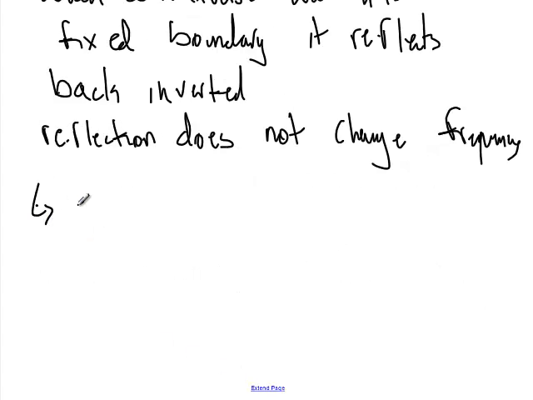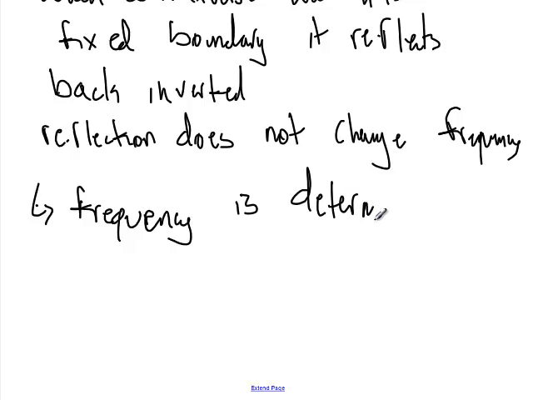Frequency is created or determined by the source. It's not a property of the medium. It's a property of the source. And so speed is a property of the medium. Different media have different speeds, but the frequency depends on what's causing it.